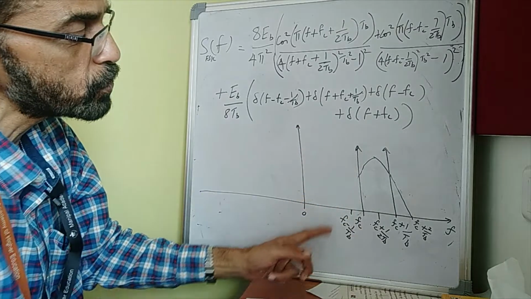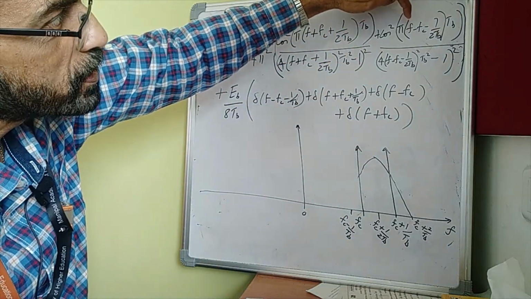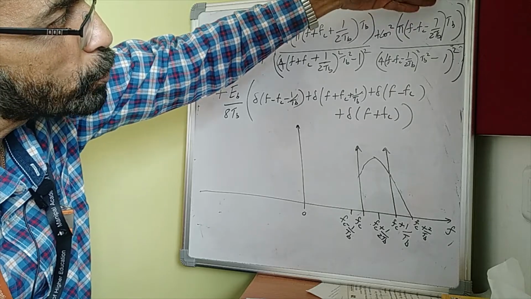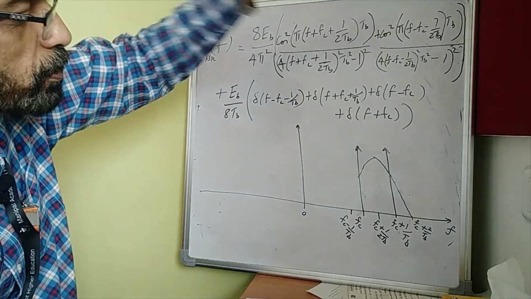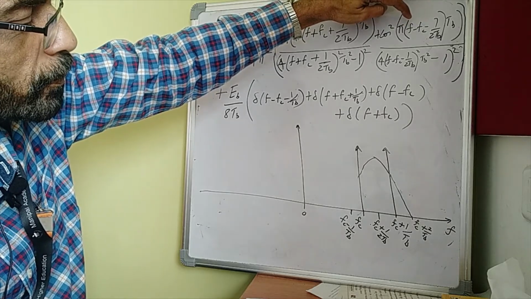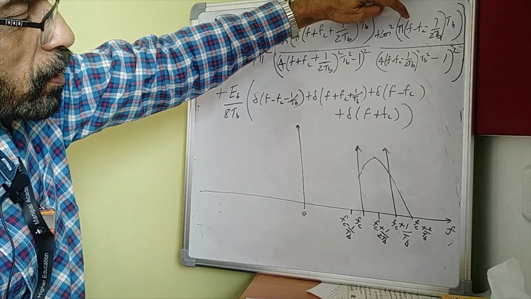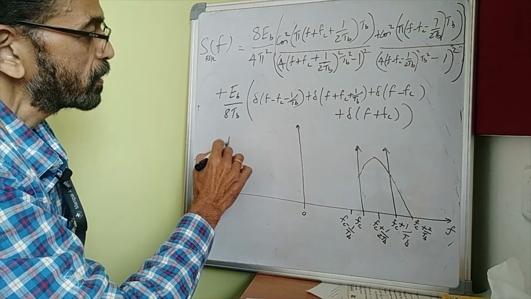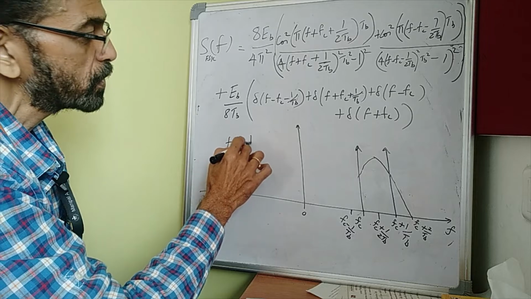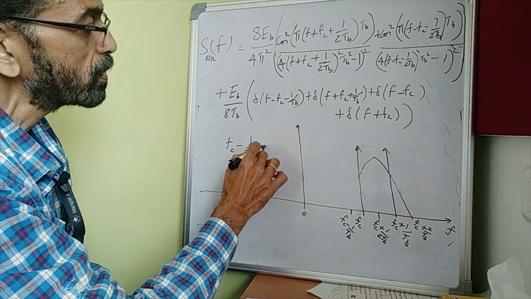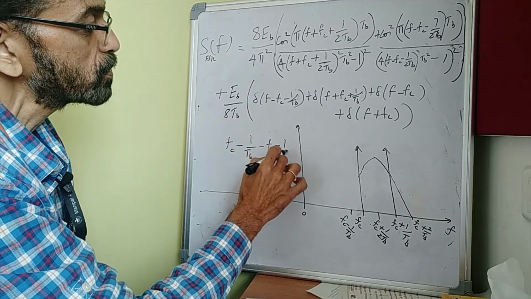And when f is equal to fc minus 1 by TB, you can see that you will get cos pi by 2 in the numerator. fc gets cancelled, and let me verify it instead of making guesswork: fc minus 1 by TB minus fc minus 1 by 2 TB.